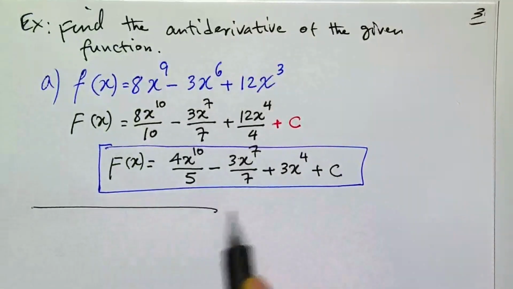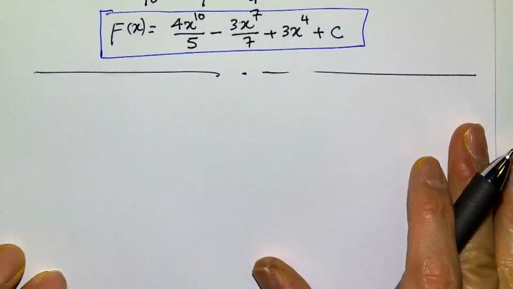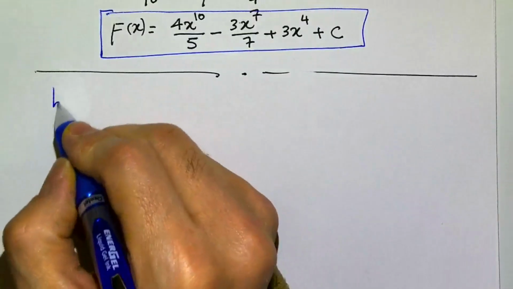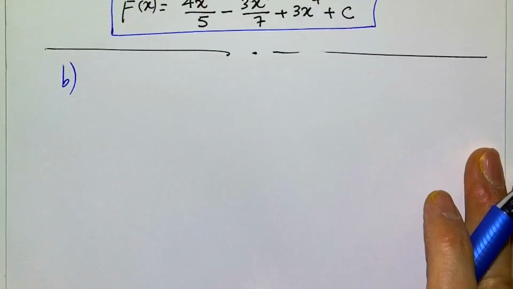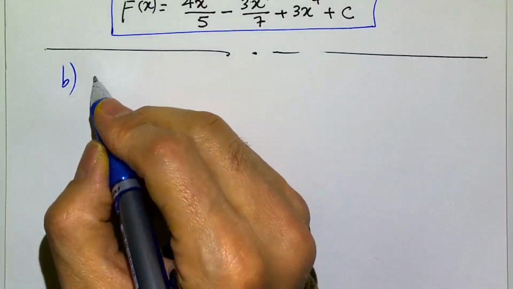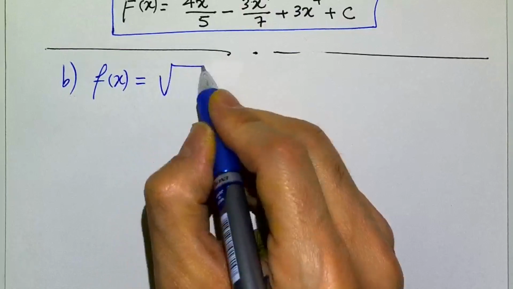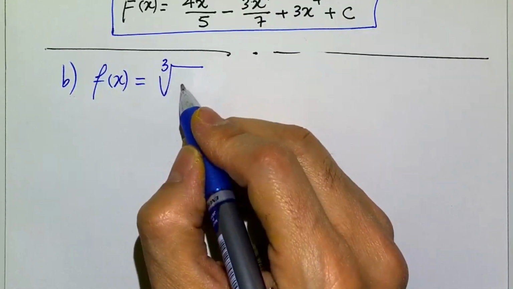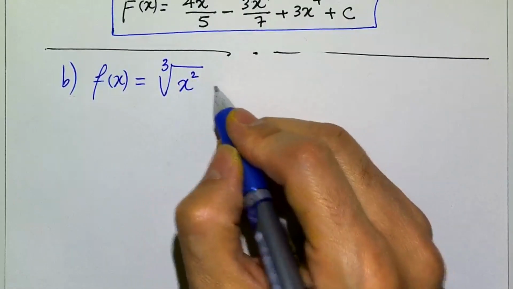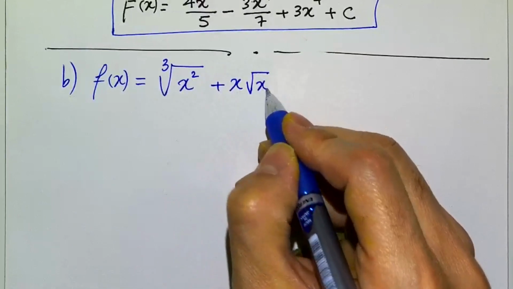All right, so let's do another example. We call this one B. Suppose we want to find the antiderivative of cube root of x squared plus x times square root of x.